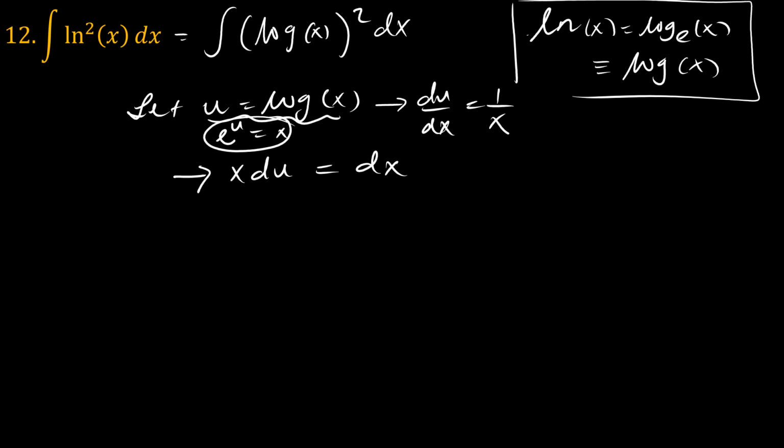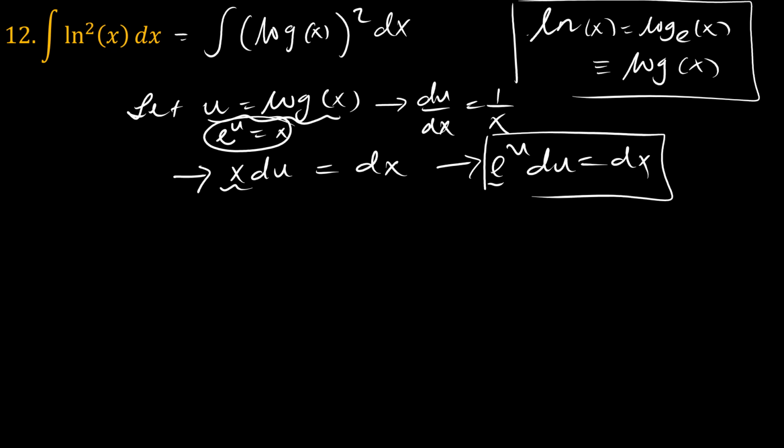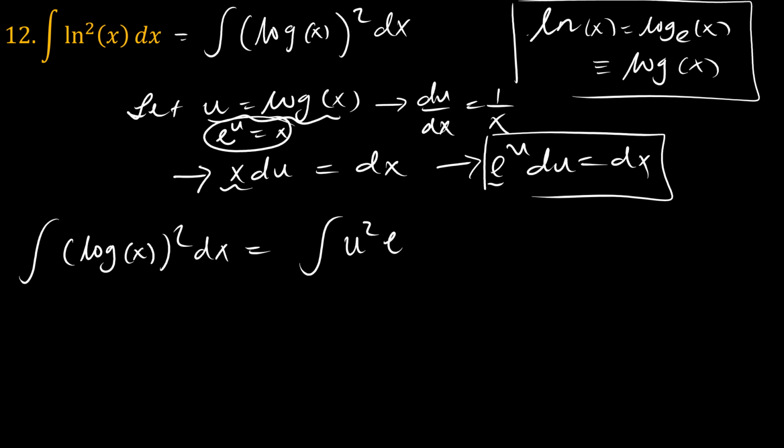So using that, it means that x is e to the u, and e to the u du is equal to dx. So we're going to use that substitution, right? Such that the problem that is as follows in the x domain is the same as the integral of u squared e to the u du.